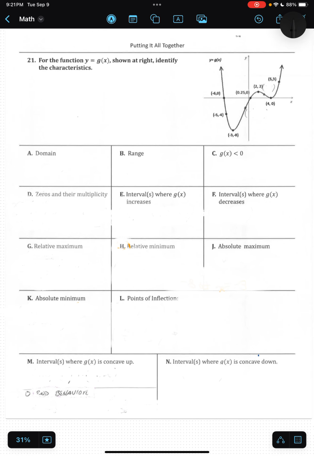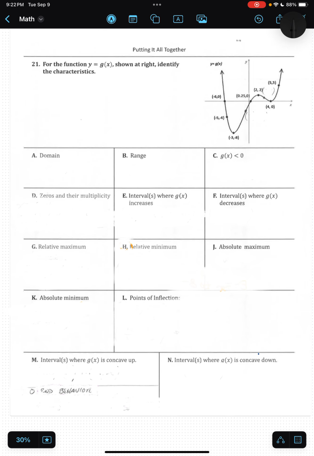First, we have to find the domain. We know the domain is how far left and how far right the graph can go. Here, we can see our graph is pointing up and it's going left all the way up, which means it's going all the way to negative infinity.